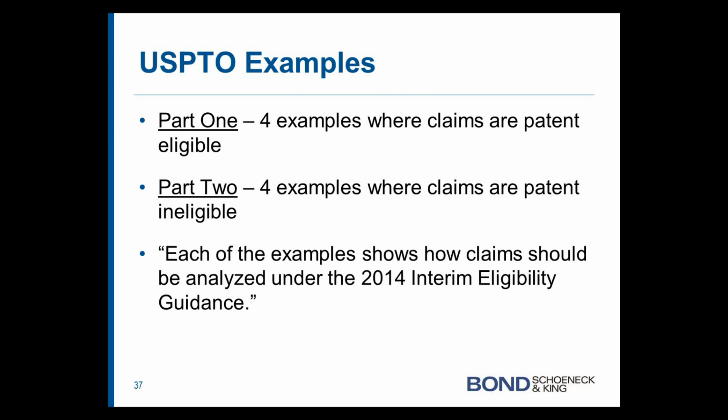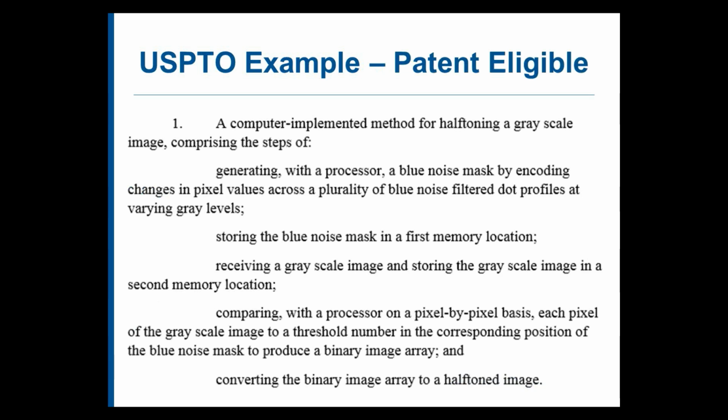And each of the examples had lengthy text showing how the claims should be analyzed under the guidelines, the 2014 guidelines that were provided. So the examples were essentially a way for examiners to see claims in action, along with a lengthy and detailed analysis of how the PTO believed the outcome of the Alice framework should apply to each of the sets of claims.